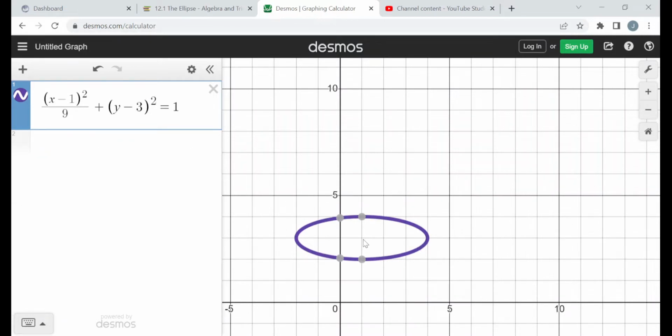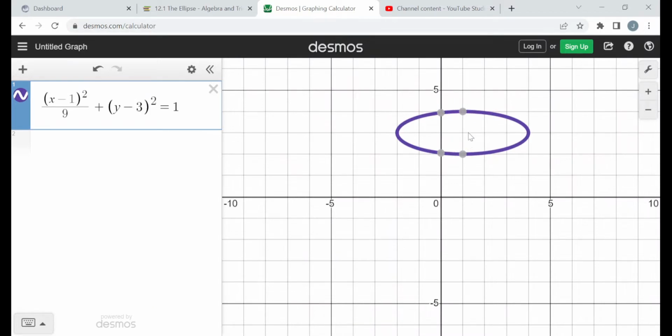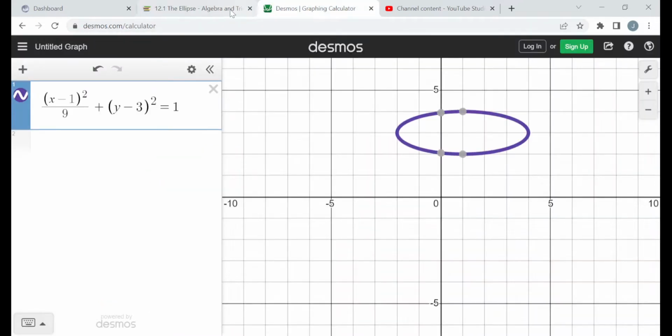See, center's at 1, 3. Hopefully that's obvious. You got 1, 2, and 1, 4 as co-vertices, and then 4, 3, and negative 2, 3 as the vertices like I labeled here. This is exactly the same picture that they gave us here. It's exactly the same ellipse as in the assignment. So this equation is good.